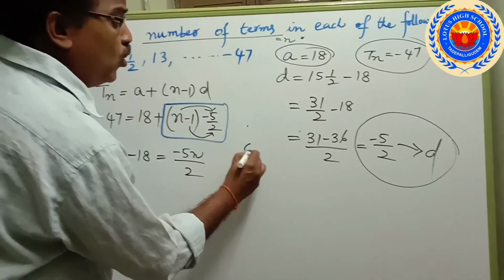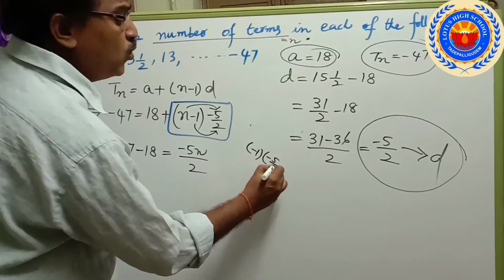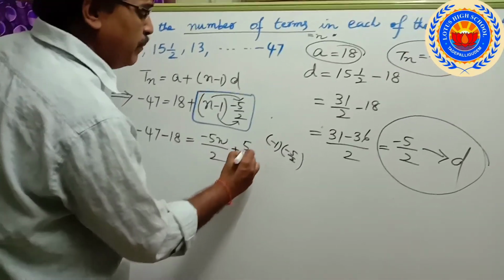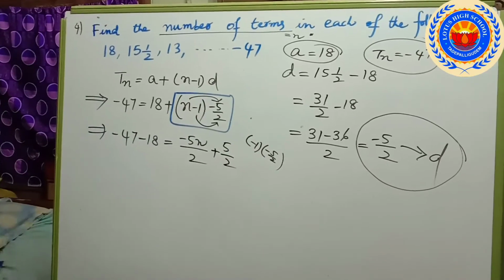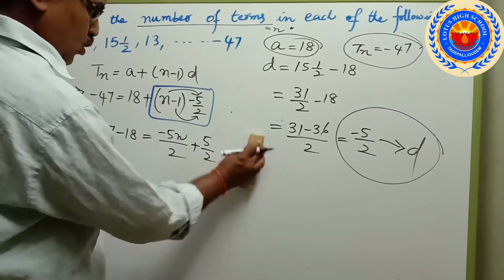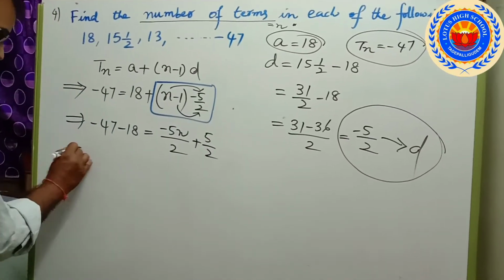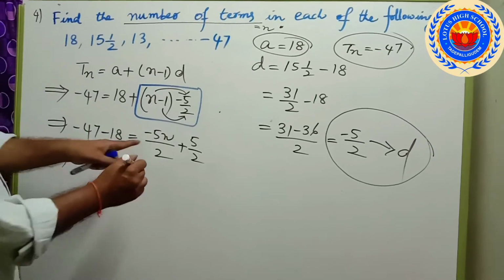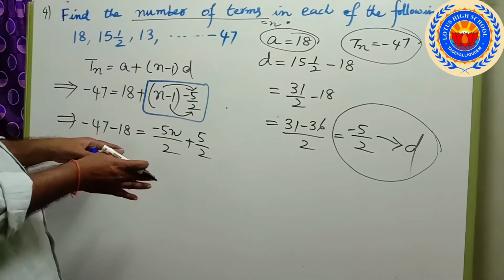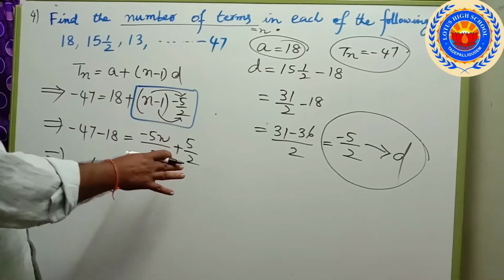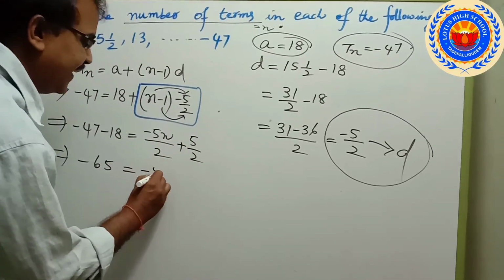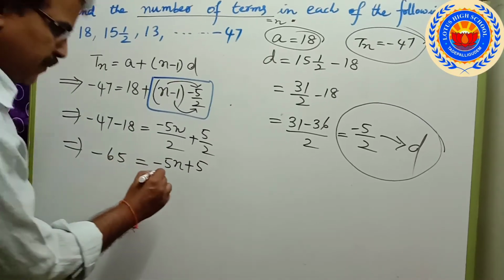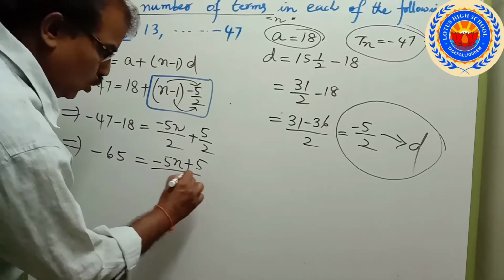Next, this into this: minus 1 into minus 5 by 2. Minus into minus is plus 5 by 2. Understand? So now this is nothing but minus 65 is equal to, like fractions, that is why we can easily write minus 5n plus 5 by 2.